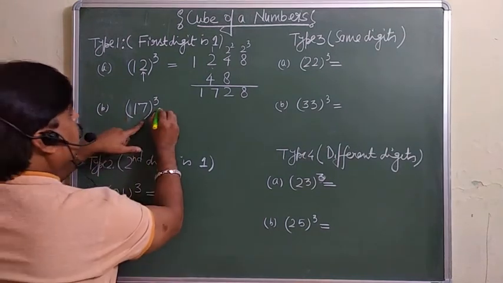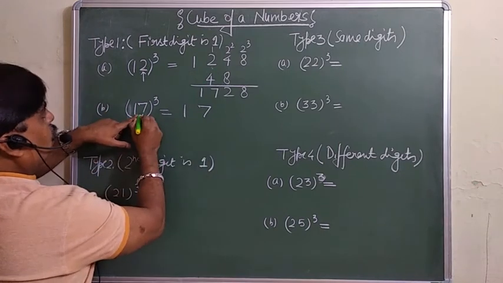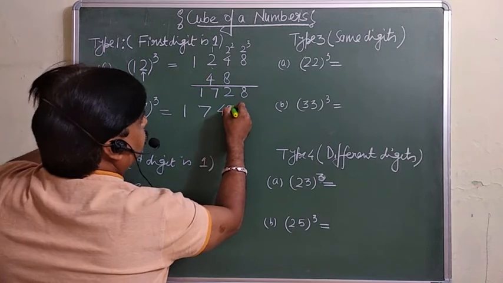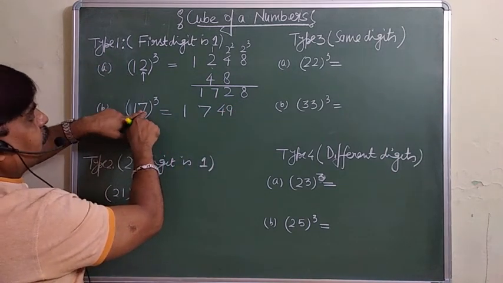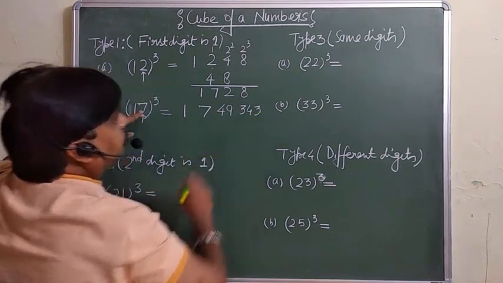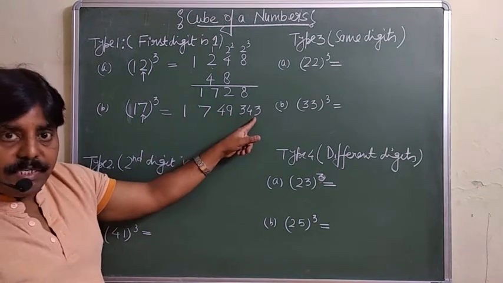Similarly here, 17 as it is, square of the second digit, 49. And the cube of this 7 is 343. See, now leave the first and last digit as they are.